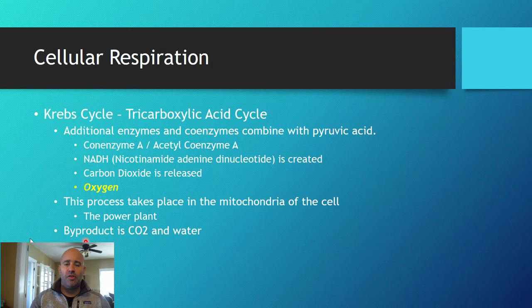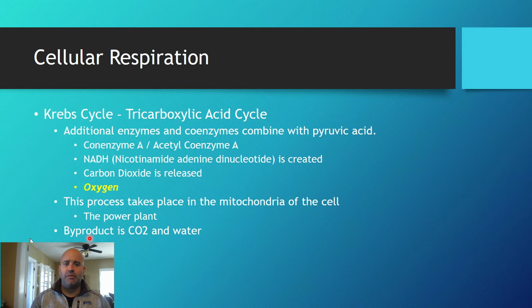Now let's talk about the Krebs cycle, or the TCA cycle, or the citric acid cycle, as it's sometimes referred to. What happens is that pyruvic acid needs to get broken down and change into something else called coenzyme A. There's another compound that is produced, and that's called NADH.